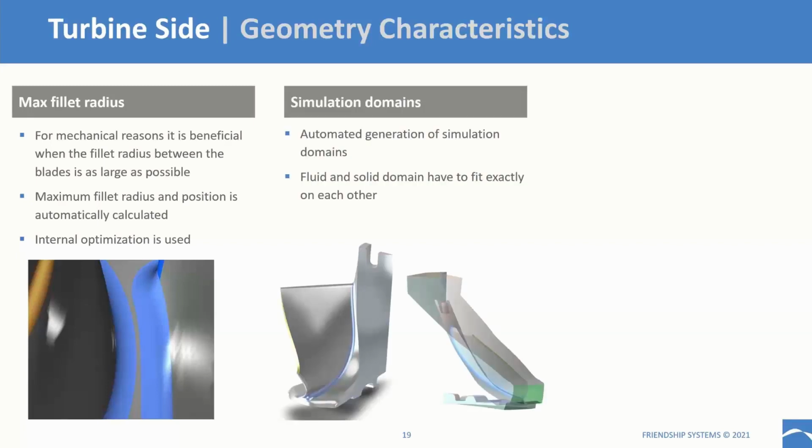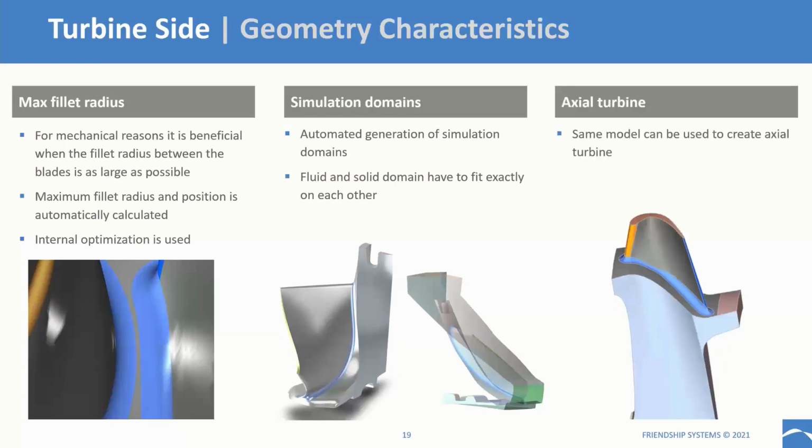And in terms of the export, we want to export, again, simulation domains for fluid calculations and structural computations, and they have to fit exactly to each other, so they are also generated directly from within the CAD model and exported.